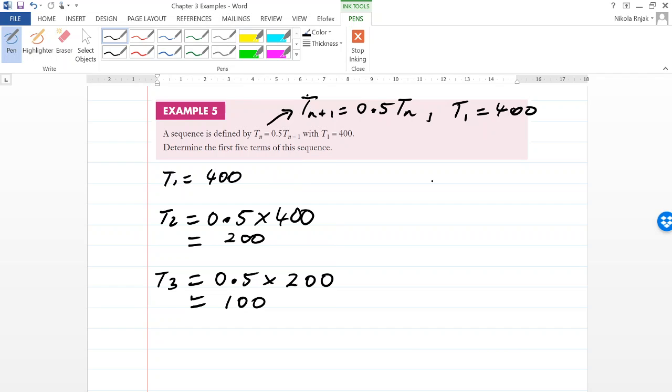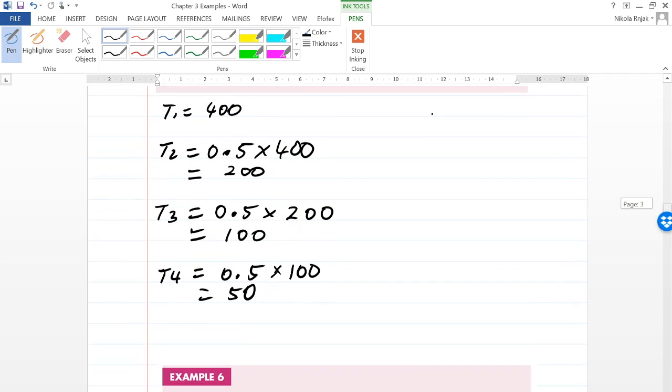To get term 4, we're going to halve 100. So we get 50. So just to get the next term, we take the previous term and we halve it. That's all it is. Okay.